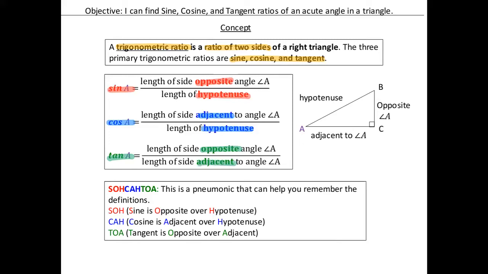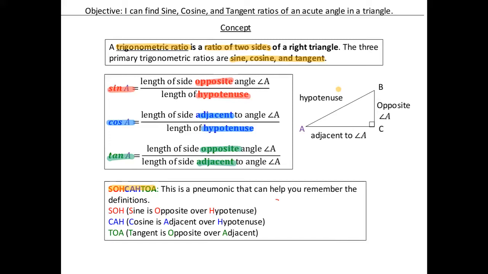Somebody came up with this mnemonic at the bottom: SOHCAHTOA. A lot of people say SOHCAHTOA to remember the definitions. SOH: sine is opposite over hypotenuse.